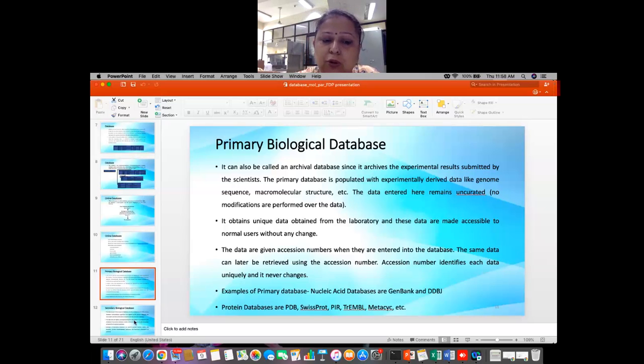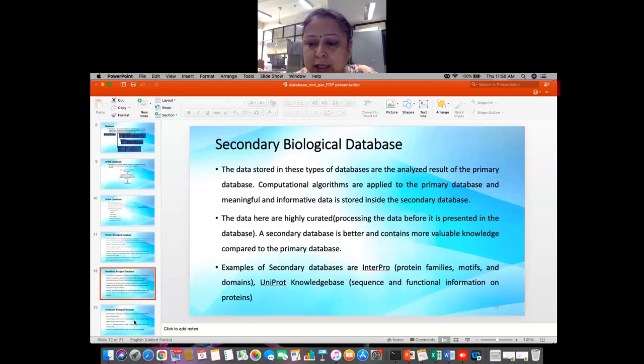So now we move to secondary biological databases. The data stored in these types of databases is the analyzed result of the primary databases. So what happens over here? The information contained in a primary database is taken and used to analyze some sort of result, and when the information in that experiment is again kept in a database, such databases are known as secondary databases.